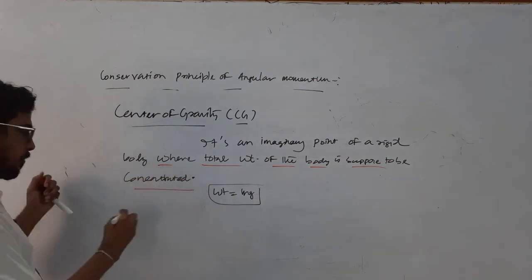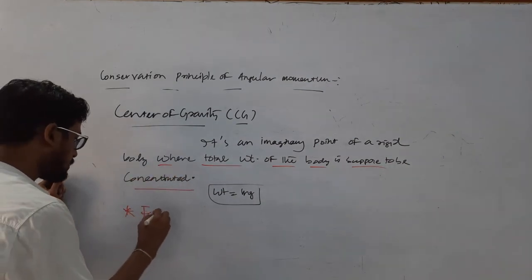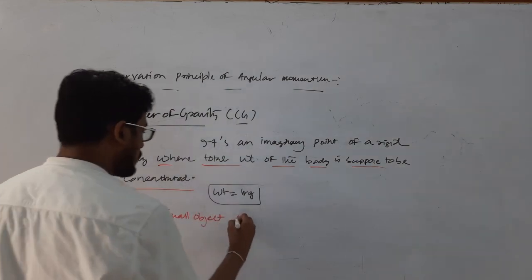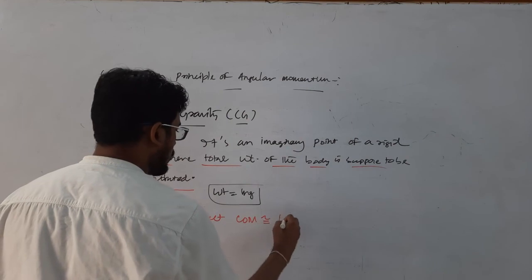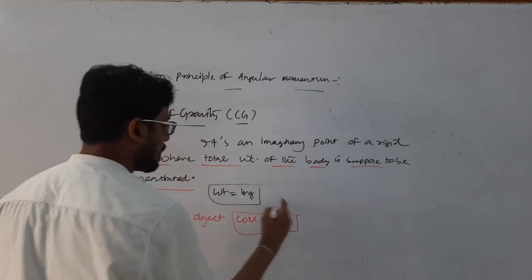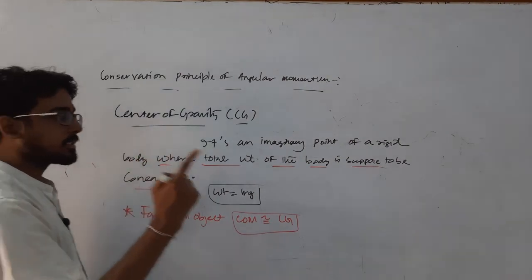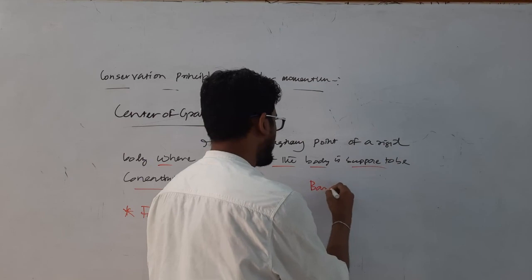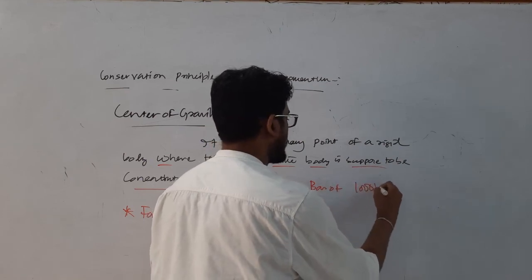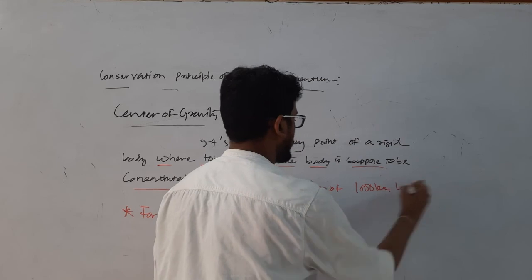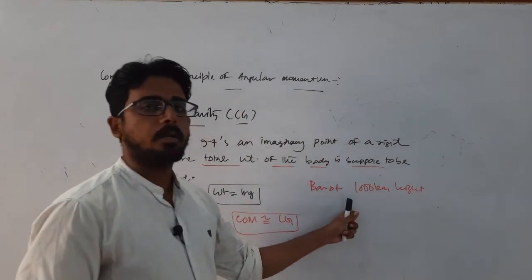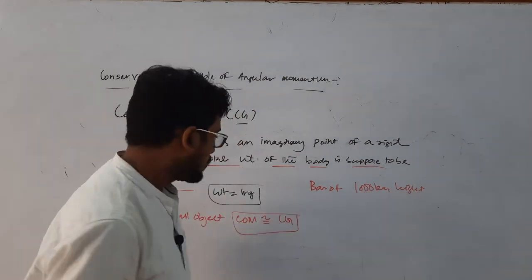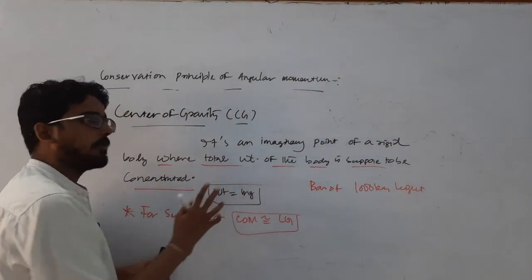and you have to remember, for small objects the center of mass is equal to the center of gravity, but for very large objects like a bar of 1000 kilometer height, the center of mass and center of gravity change, because as the height is very large, the value of g for different levels will be different.